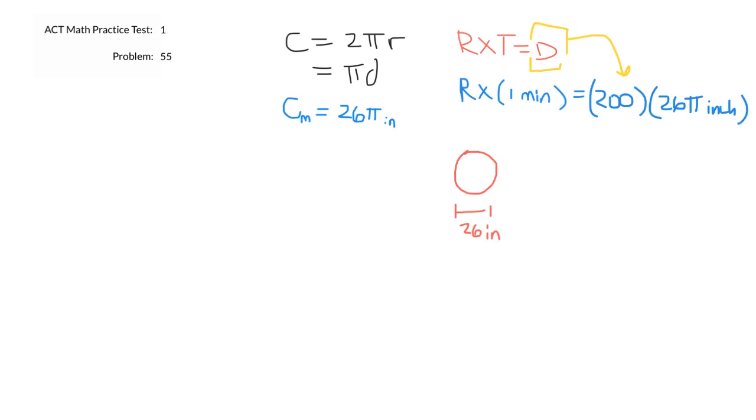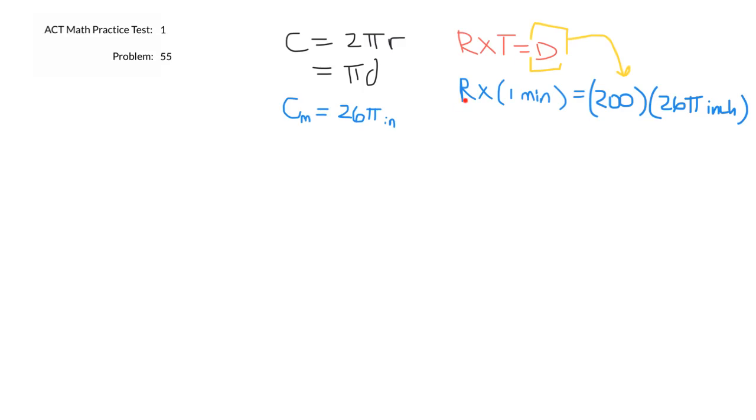And that's going to be huge, because now we can find at least the speed, also known as the rate. We can find the rate at least in inches per minute, and then we'll just convert that to feet per second later, and then we'll have our answer.